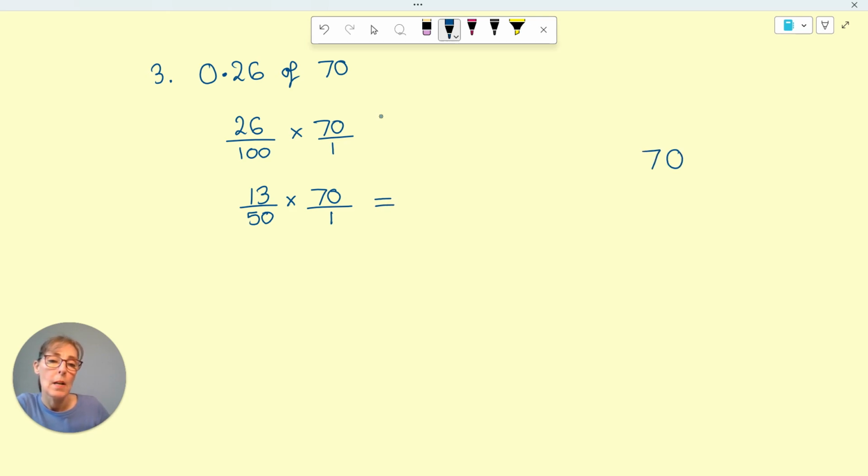So I'm going to do it the other way. I'm going to split. 13 is the same as saying 10 plus 3. So I'm going to do 70 times 10, which is 700. And then I'm going to do 70 multiplied by 3.